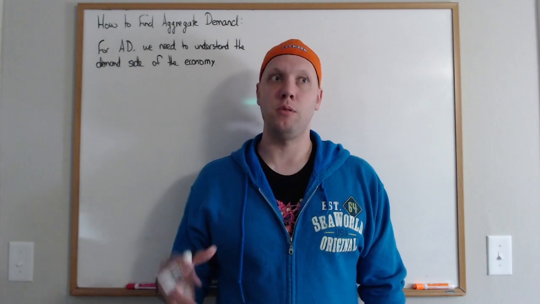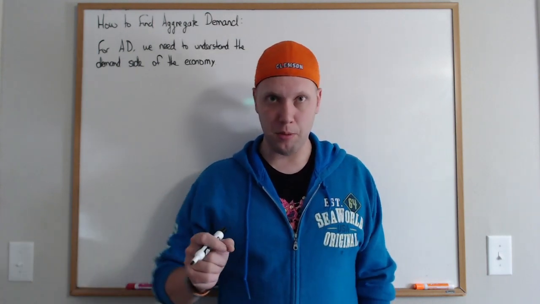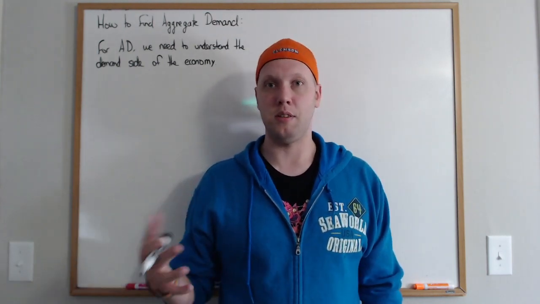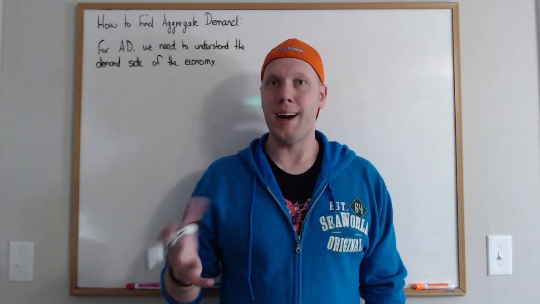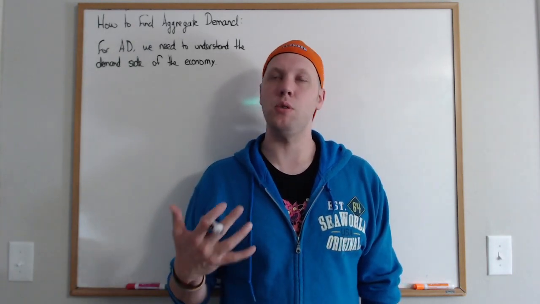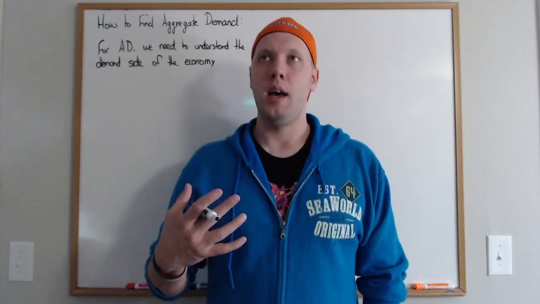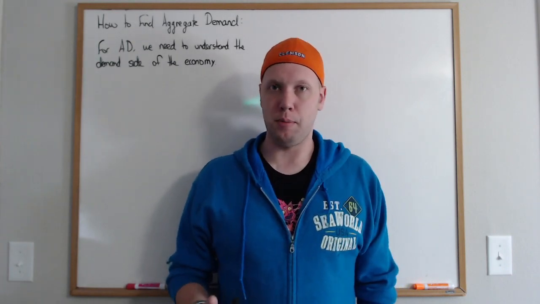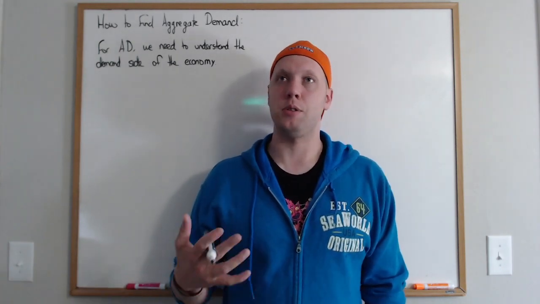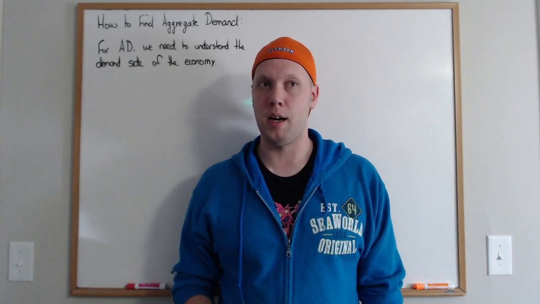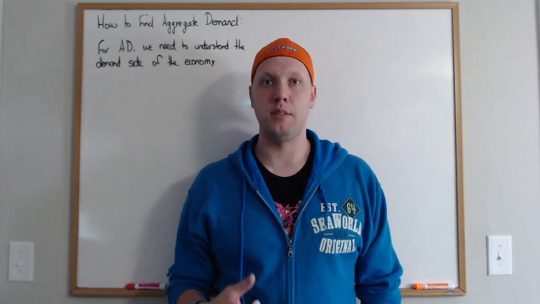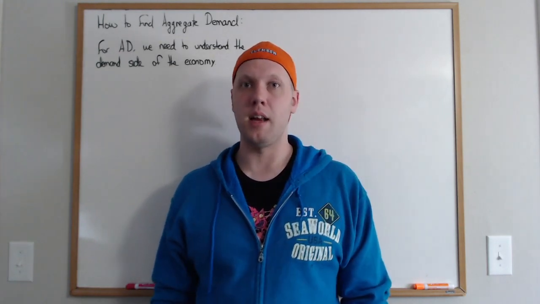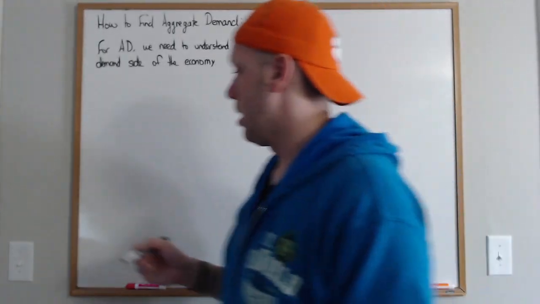The mathematical formulation varies a little bit. Therefore, if we're going to be looking at this in a graphing context, it's going to look a little different. But at the end of the day, there's still individual optimization going on. Households are still optimizing. Firms are still optimizing. When households optimize, that's where the demand side of the system comes from.